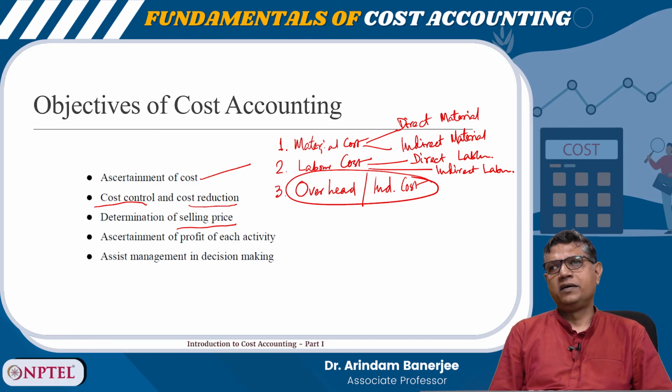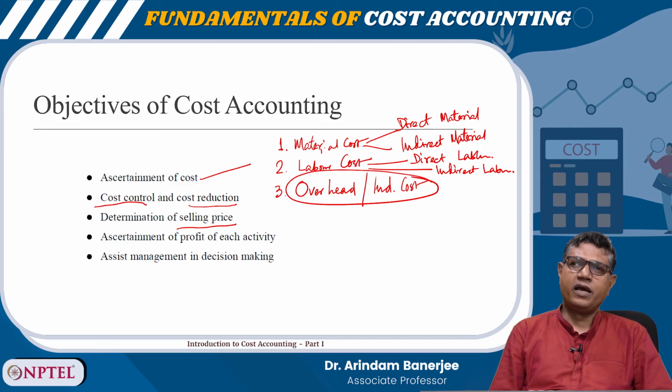This is one objective. There is a second aspect of it. If my selling price is more than my competitor's price, then it will be difficult for me to gain market share.